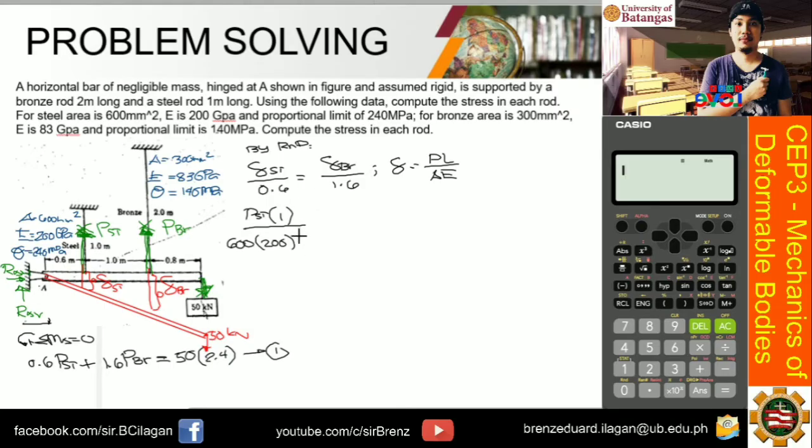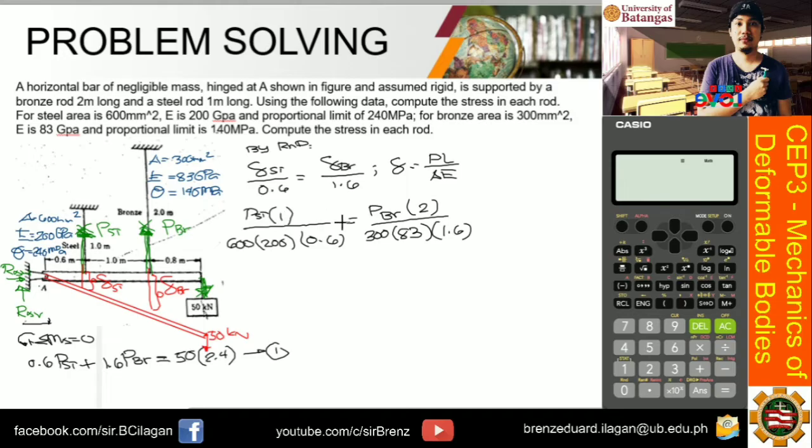Okay, so PLAE, so multiply. So ito meron ka pang 0.6. Okay, so that is equals to dun sa P bronze. What is the length of the bronze rod? So we have 2 meter over area na 300 times 83 Pascal and then 1.6.